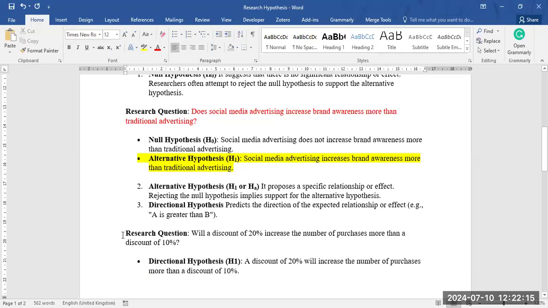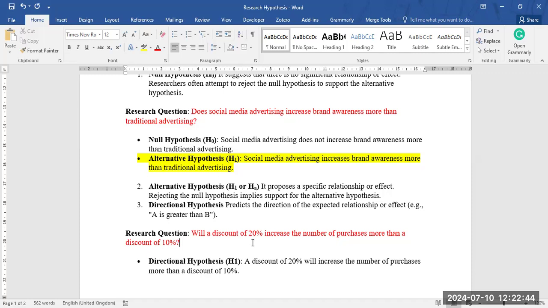Now you see the research question: will a discount of 20% increase the number of purchases more than a discount of 10%? Because there are two different discounts they want to give. One is a 20% discount, another one is a 10% discount. And then they want to find whether there is any difference between these two discounts in increasing purchases.